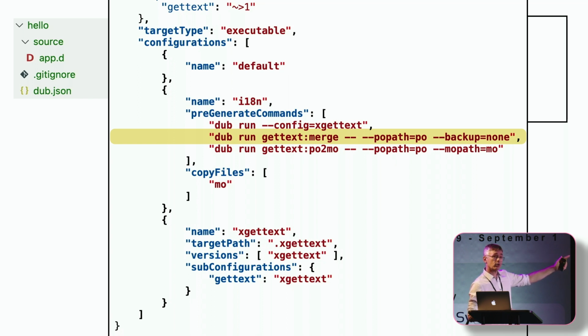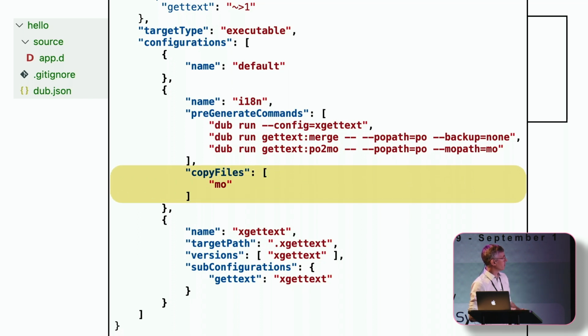That's a sub-package of the gettext package, which calls the GNU gettext utilities for updating your translations with changes in the code. And then po2mo converts the text file tables to binary files, which are then copied into your target directory.